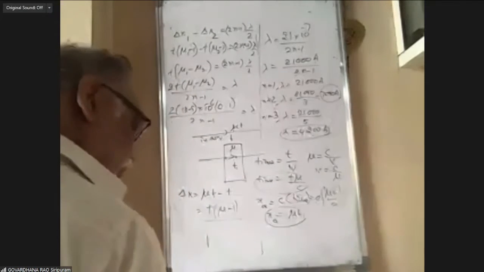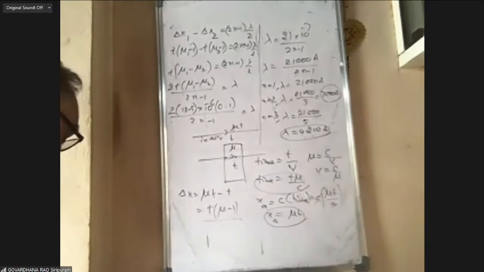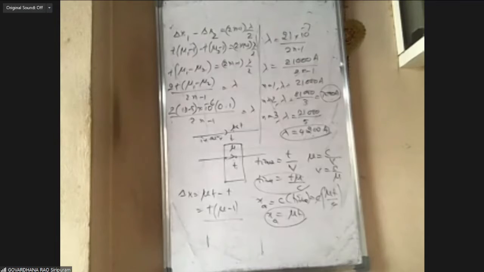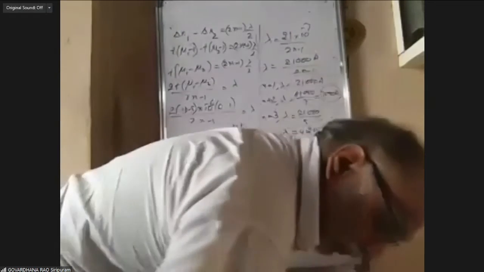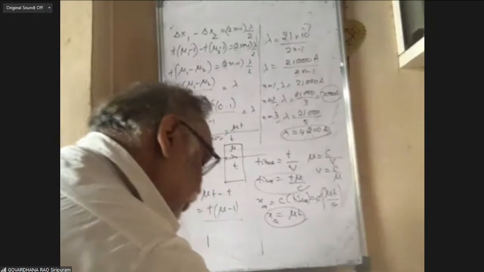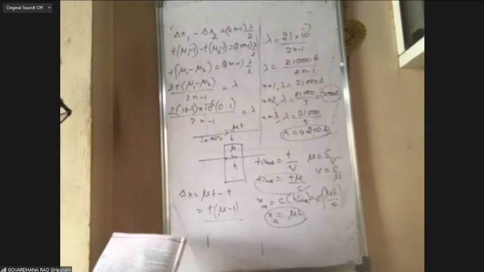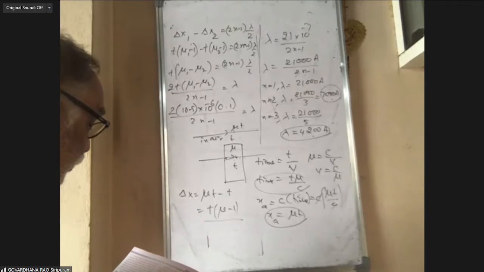Next, look at the 24th. Read the 24th. Okay? Did you read question 24? Next experiment, the slits are 2 mm apart.